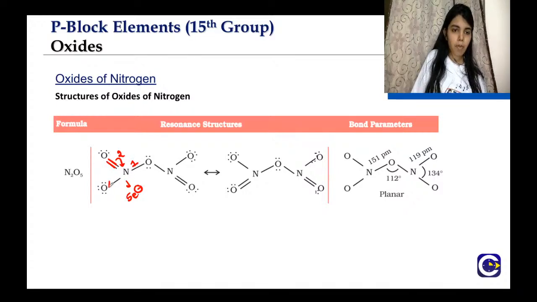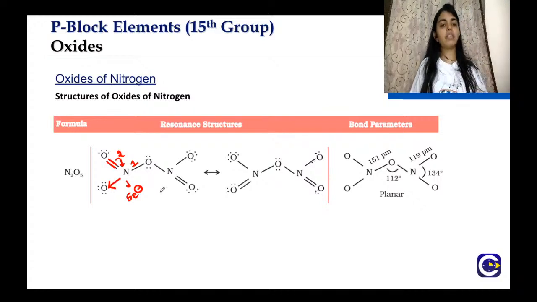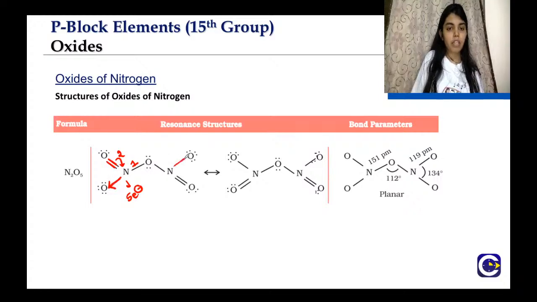Now this bond is particularly a dative bond because nitrogen cannot expand its octet. It cannot have more than 8 electrons. So this particular bond will be a dative bond here. Similarly for this nitrogen also, this particular bond will be a dative bond because the octet is already complete, right? 1 electron it is taking from oxygen here, and 2 electrons it is sharing with this oxygen here because of the presence of the double bond.